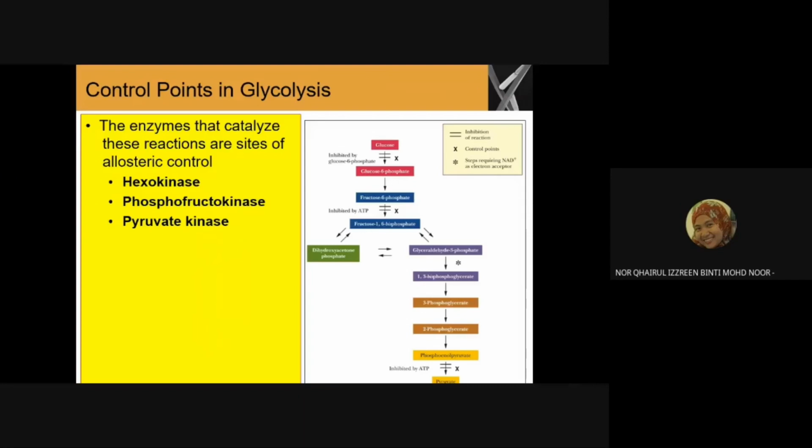So we have to know what happened at stage 1. What is the purpose of stage 1 of glycolysis? Basically, they want to prepare the molecule to be highly reactive so it can move to other reactions faster.